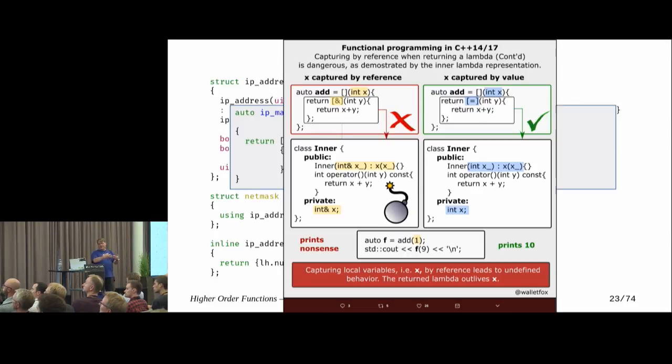If your lambda then captures this by reference and you return the lambda, you have a really good foot gun here, because the reference will refer to the parameter that has long gone out of scope. You don't want that. So if your higher order function accepts parameters by value, make sure you capture by value. This is important.